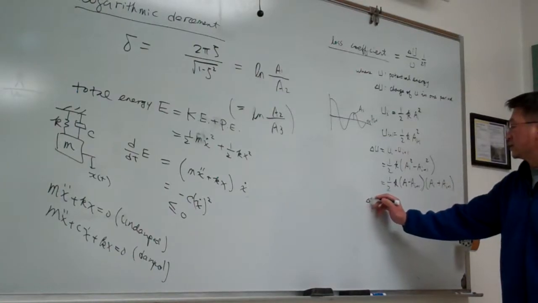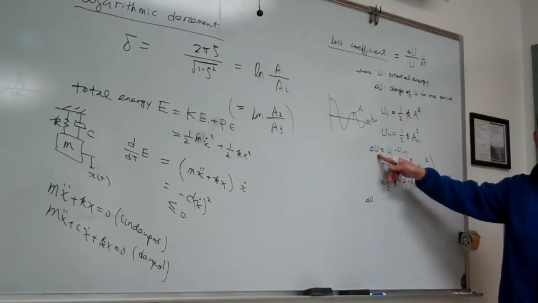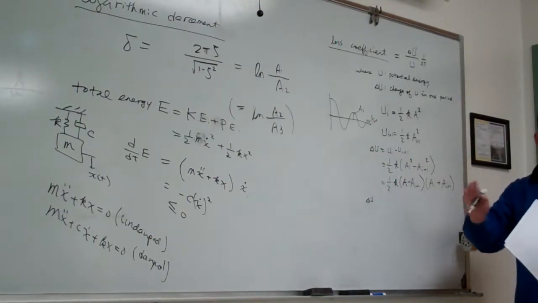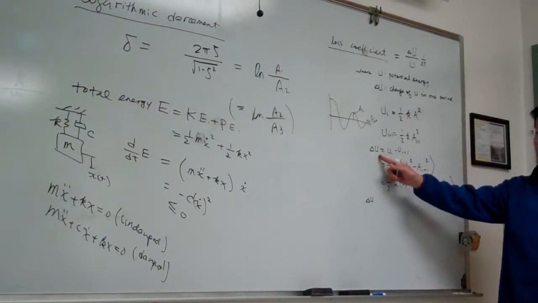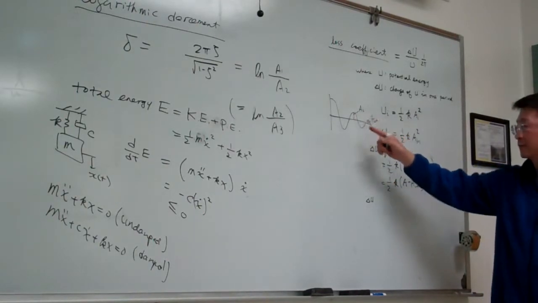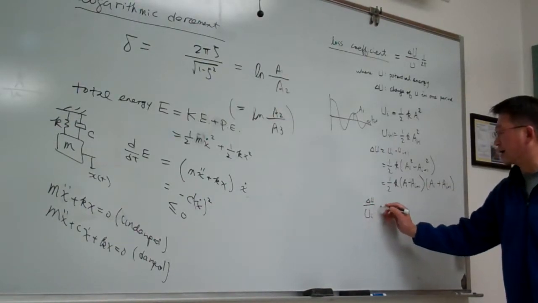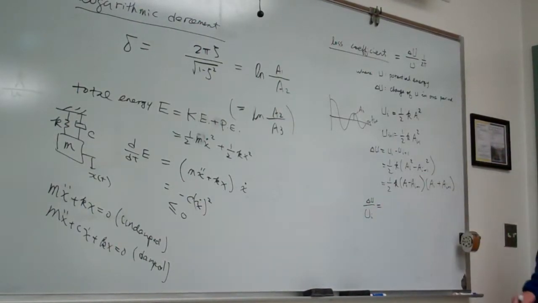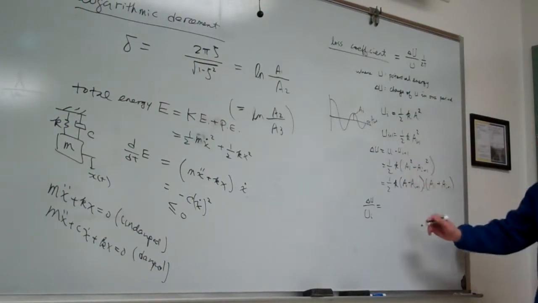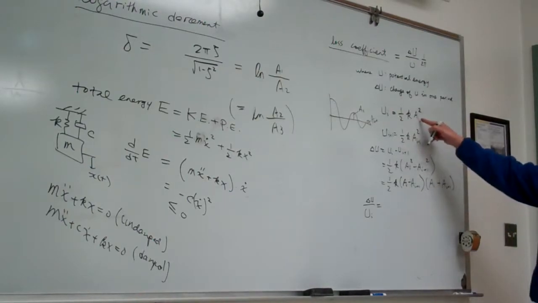So now we proceed, and this is the change in the potential energy in one cycle. If we compare this change with respect to the potential energy corresponding to here, that is delta U divided by U_i, then from here we can do the calculation. Simply divide those terms by this.